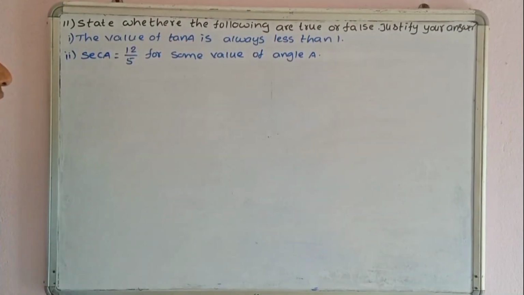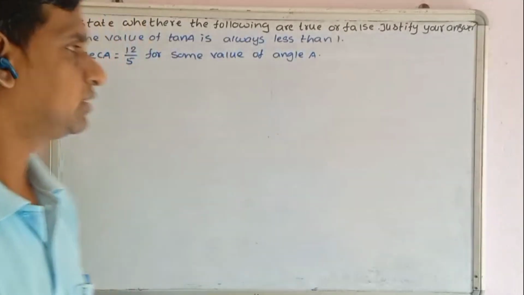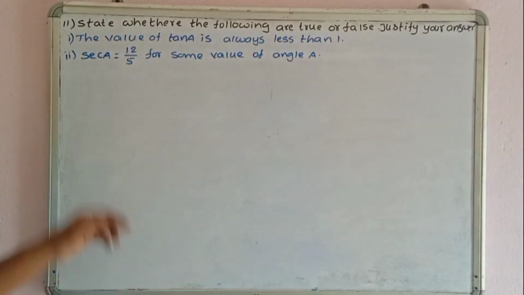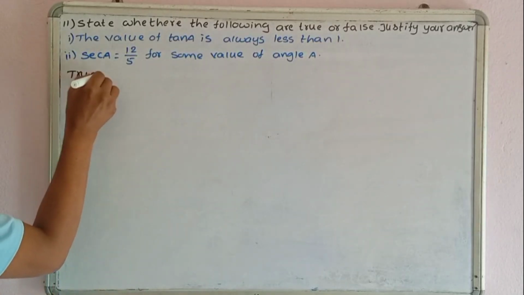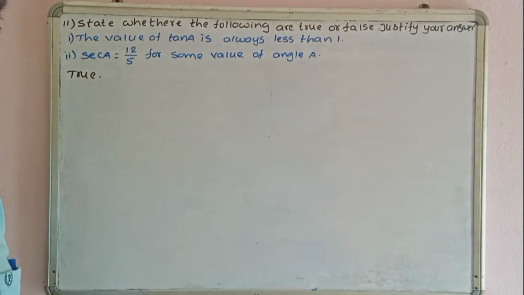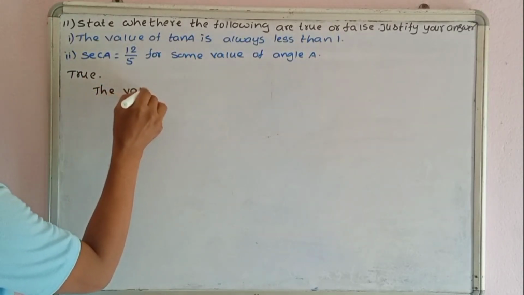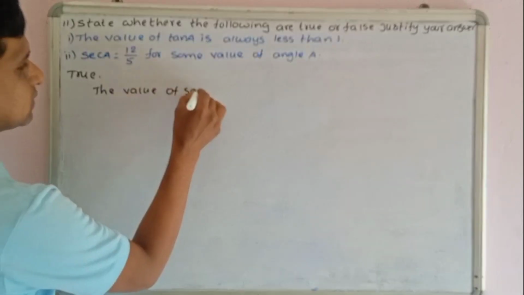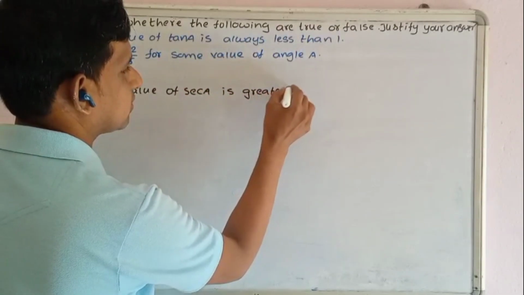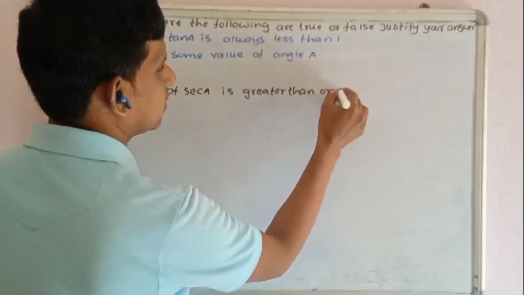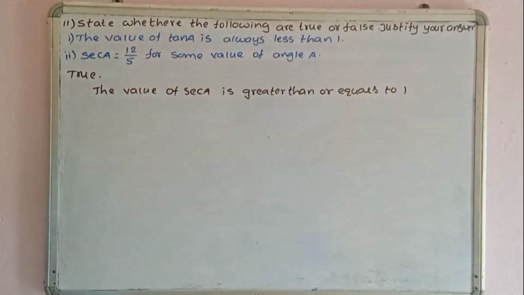Second one, secant A equals to 12 by 5 for some value of angle A. Is it true or false? So this is true, because the value of secant A is always greater than or equals to 1.